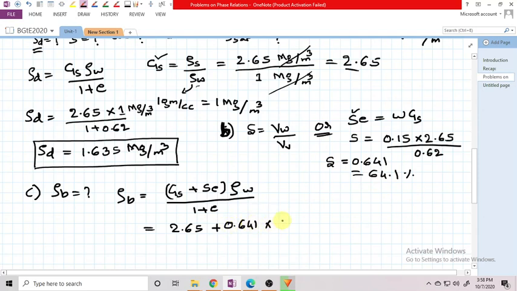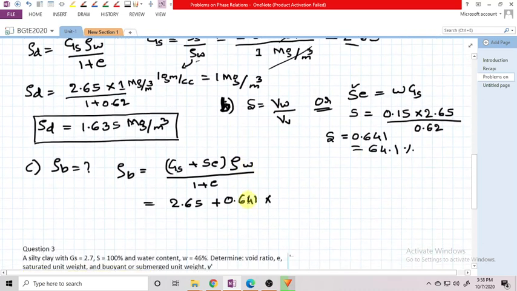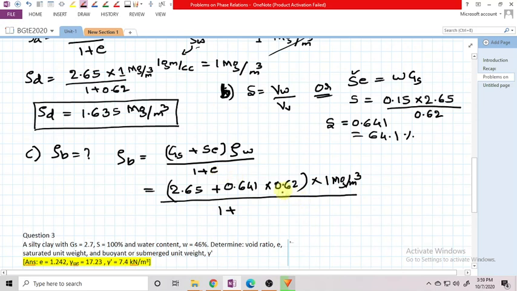0.641 times void ratio. Void ratio, how much have they given? e is equal to 0.62 they gave, right? So e equals 0.62, times density of water, which is 1 megagram per meter cube, the whole divided by 1 plus e. e is 0.62.